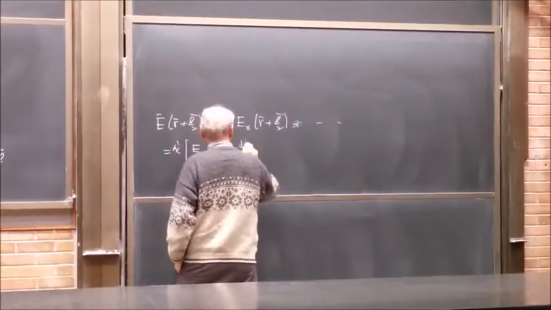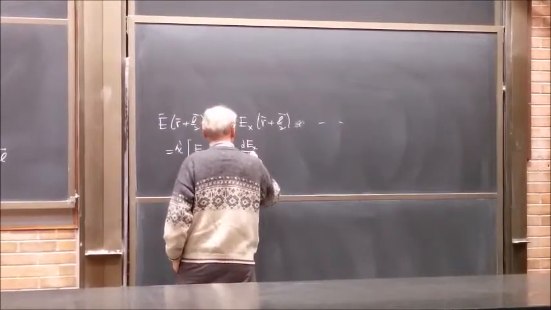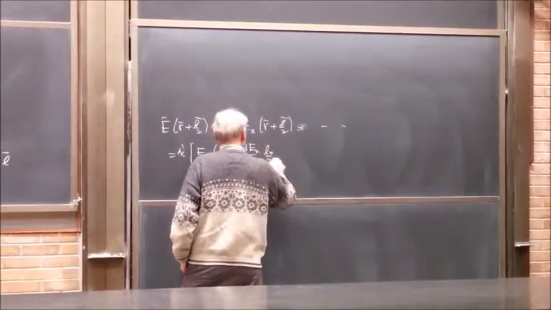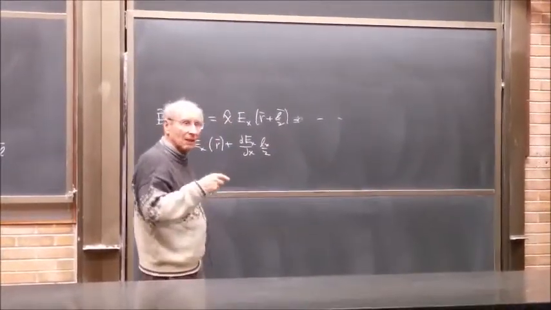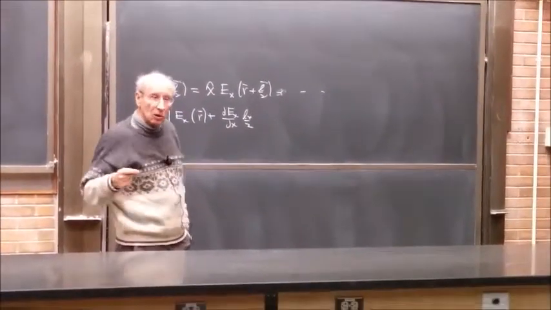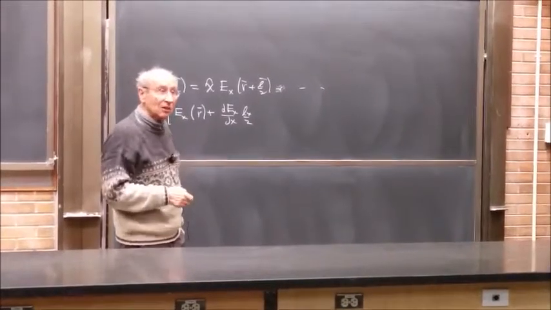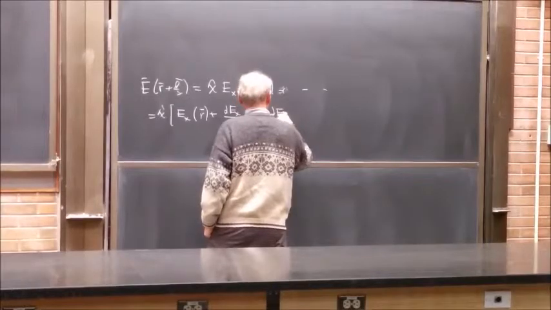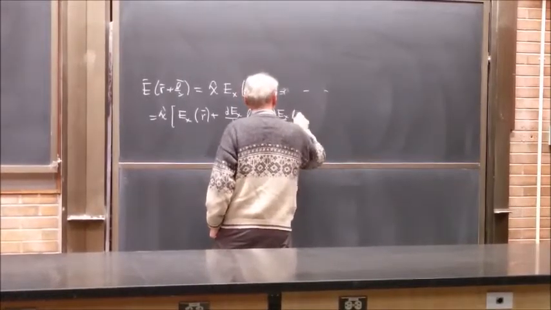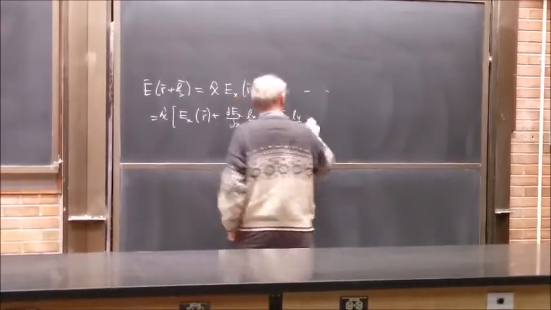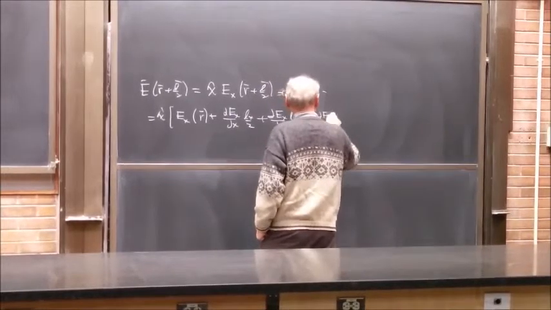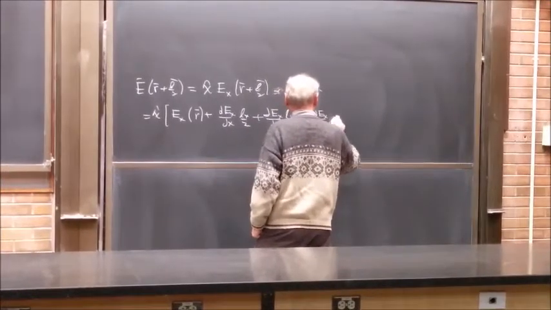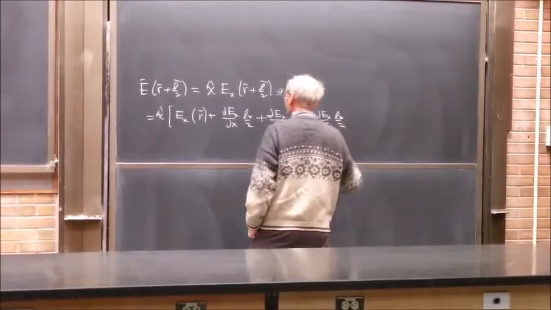So it would be dEx/dx times Lx over 2, because that's how much you would change when you moved Lx in the x direction. But then you would also move in the y direction, and you would also move in the z direction.